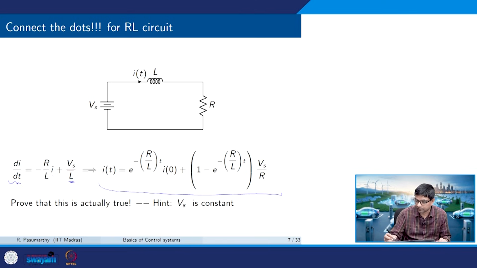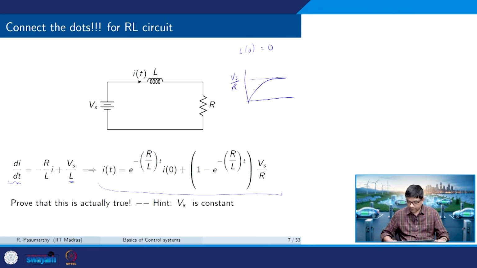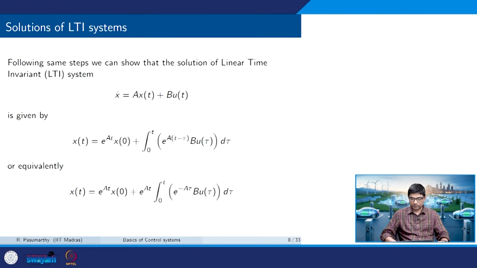If the initial current is 0, then it just goes on to a value which looks like this. So this is the basics of how we solve differential equations of a single variable with some forcing term. Now, if I have more than one state, then what happens?